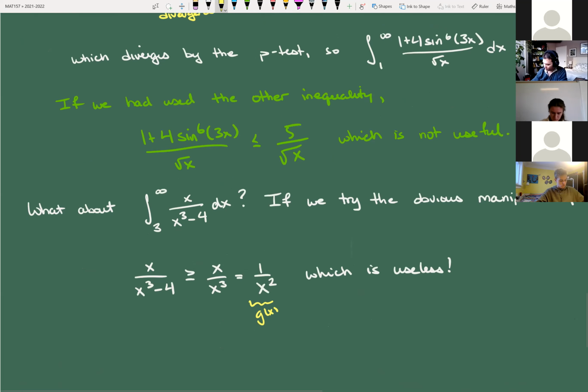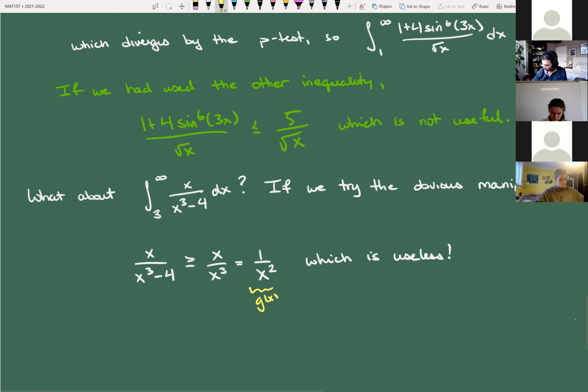So the integral of g of x is bigger than the integral of f of x. And then we use the p-test to see that 1 over x squared converges. Thus, the other one converges too.